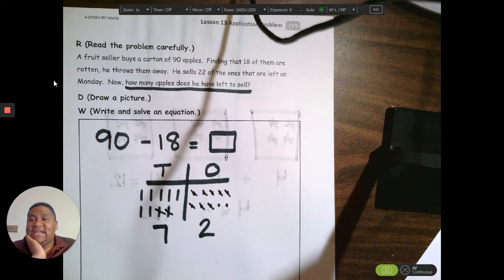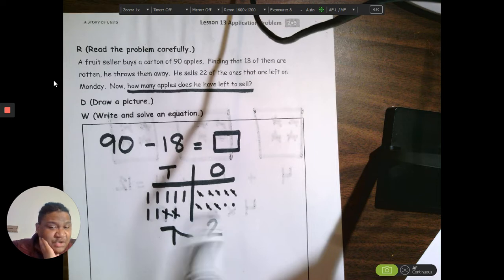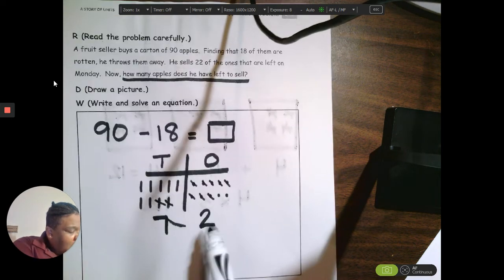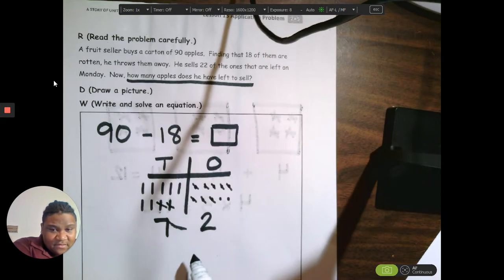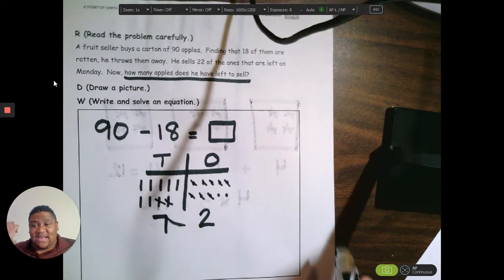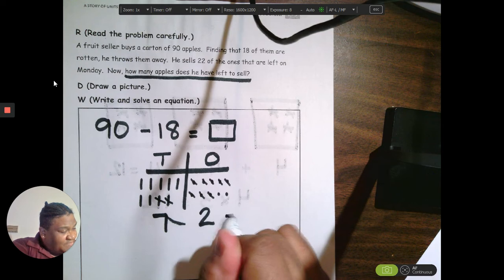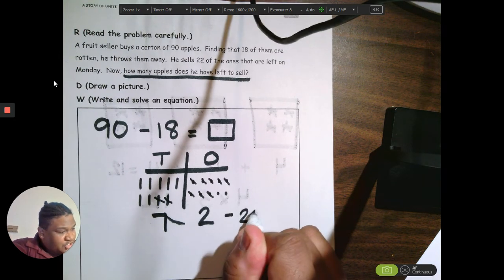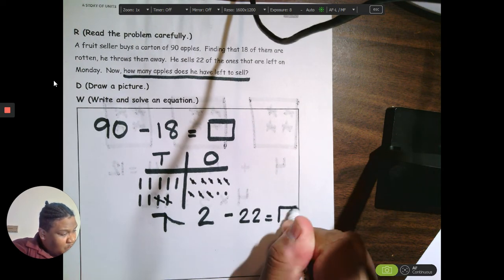But I am not finished because he threw those 18 away. And then it says he sells 22 of the ones that are left. So if he has 72 left and he sells 22 of them, that means I am getting rid of them. Then 72 minus 22 equals what?